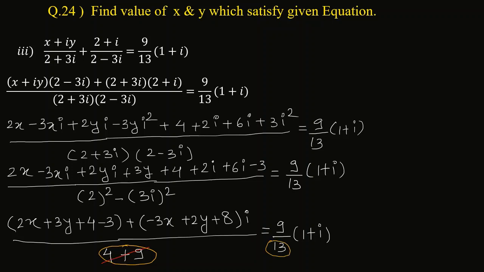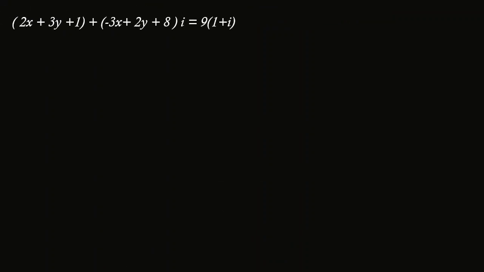So after cancellation, we compare two complex numbers, because what we get in the numerator is again a complex number, and on the right hand side also we have 9 into 1 plus i, which is a complex number. So let's continue from this step. We get 2x plus 3y plus 1 plus minus 3x plus 2y plus 8 into i is equal to 9 into 1 plus i.